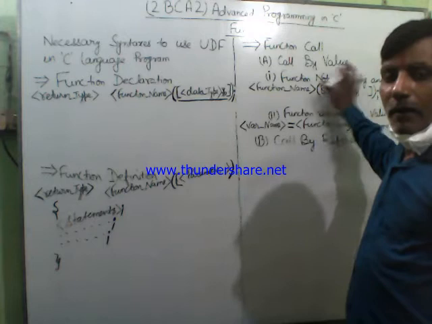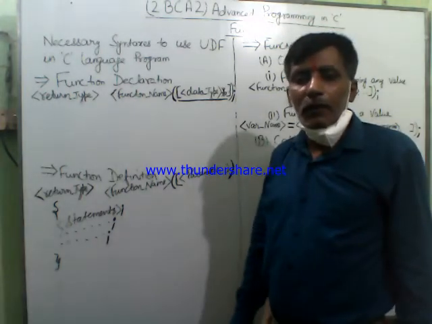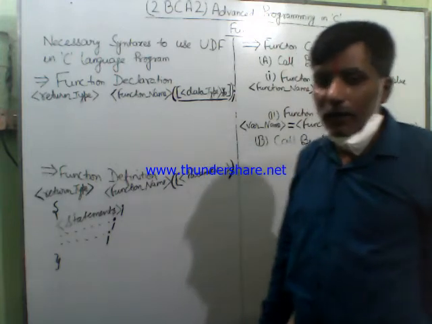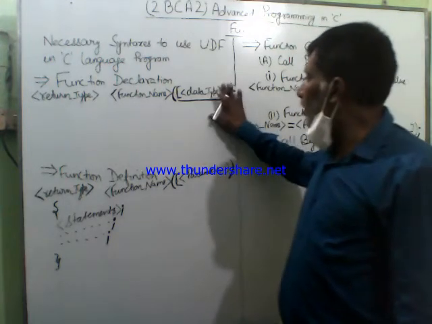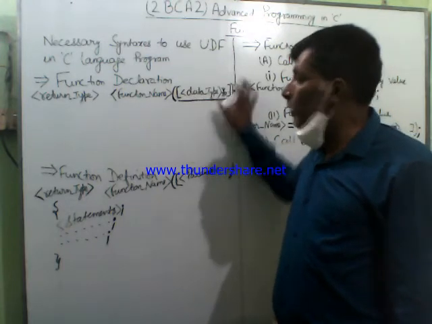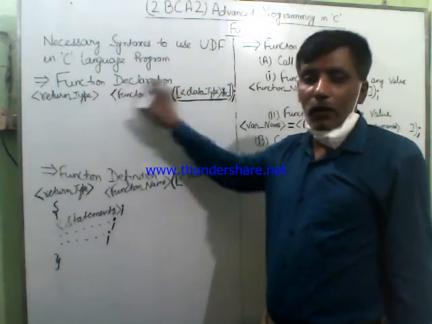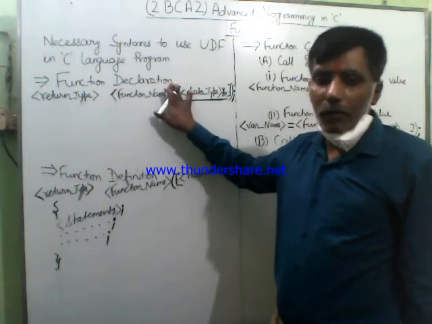When calling the user defined function using the call by value method, you have to write here only the data type within the parenthesis of the function while you are going to declare your user defined function in the program.